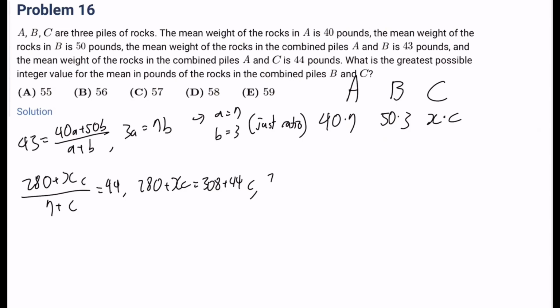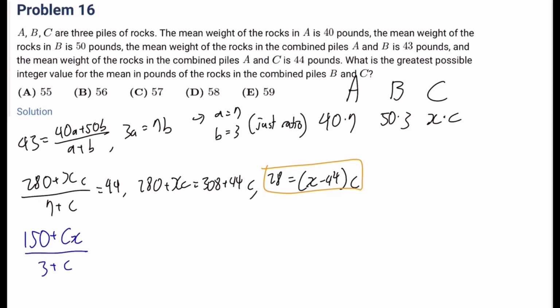This gives us that 28 equals XC minus 44C. So we have this equation. And then lastly, we have B and C, and that's what we want. B and C, that's going to give us 150 plus CX over 3 plus C.